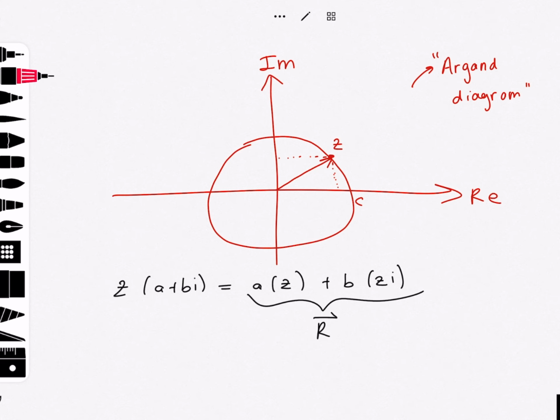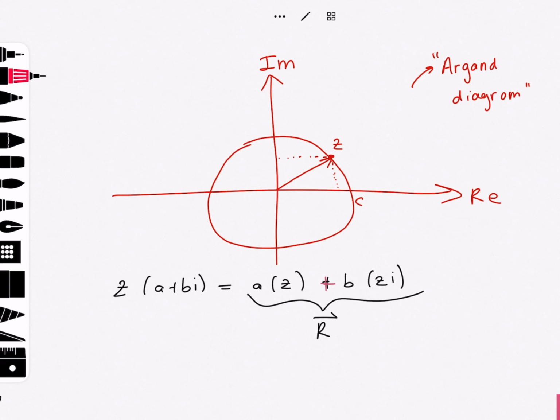And again, I'm representing this as a vector. Now, how can we show this vector r in the plane? The term a times z is a vector, and the term b times zi is also a vector, right? And they are added together. And we know how to add vectors.